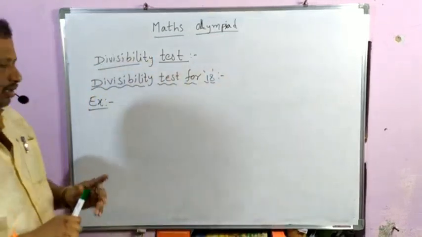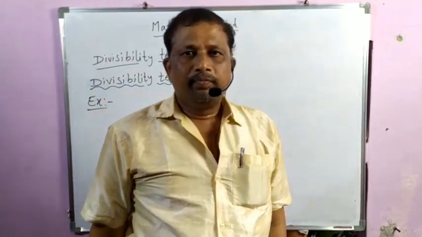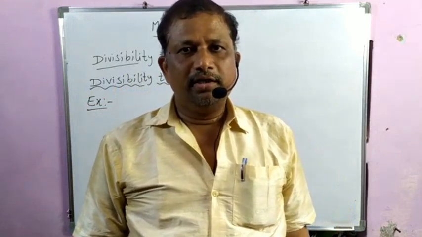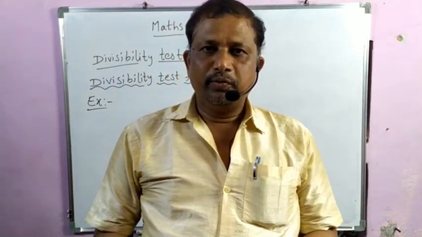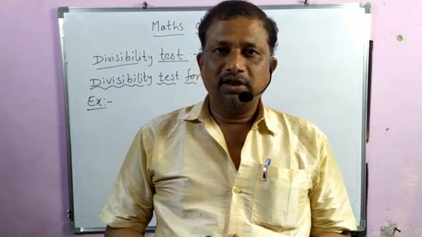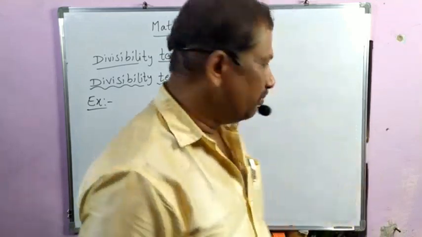The factors of 18 are 2 and 9, since 2 nines are 18. If the given number is divisible by 2 as well as 9, then the given number is divisible by 18. Otherwise, it is not divisible by 18. Let us see by taking one example.